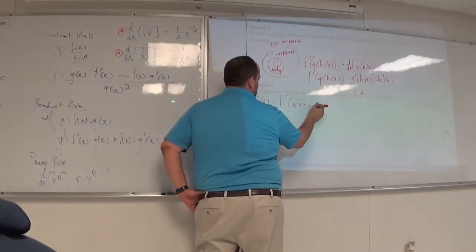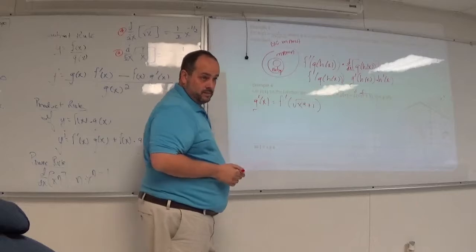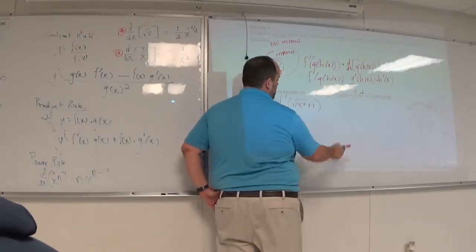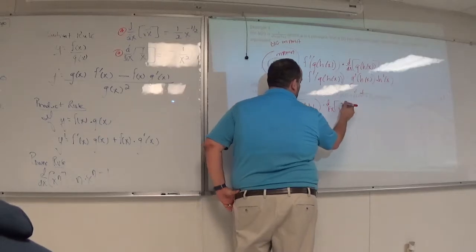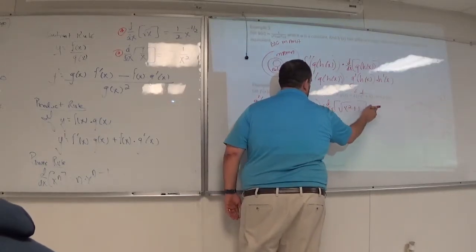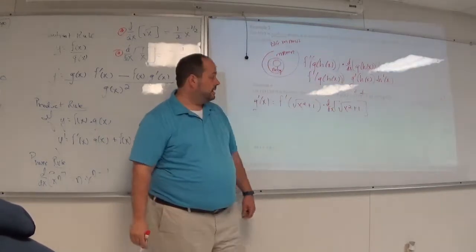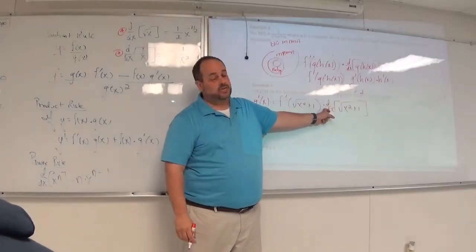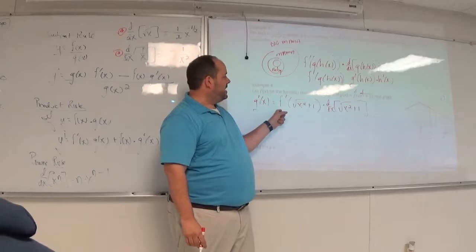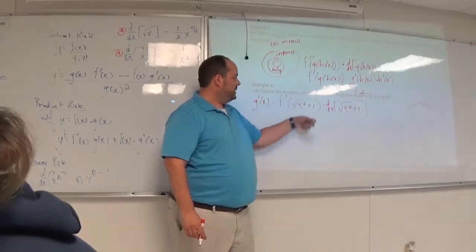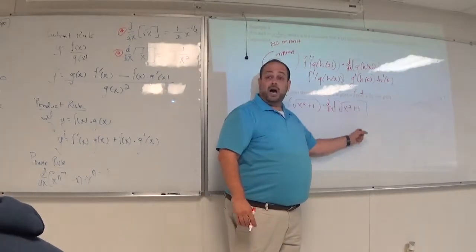Leave the baby alone. Then plus times the derivative of the baby. I really like this notation because I'm not ready for all those derivatives to happen yet. F prime of that times the derivative of that.